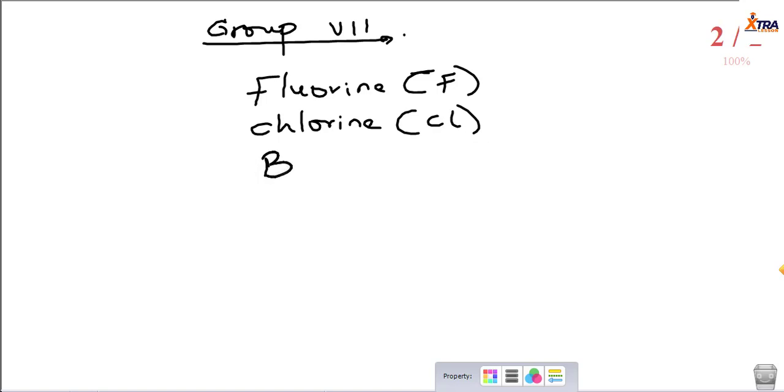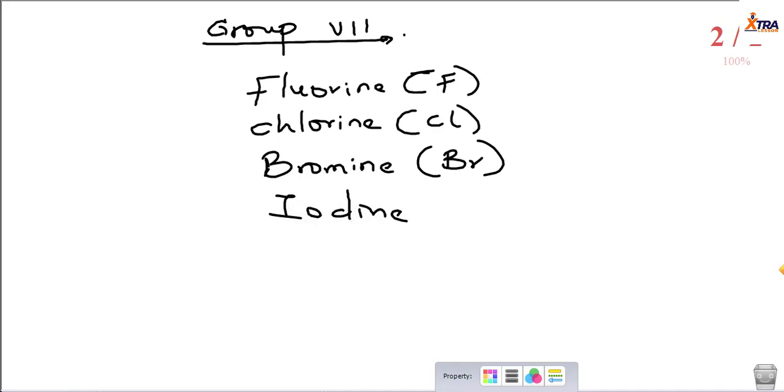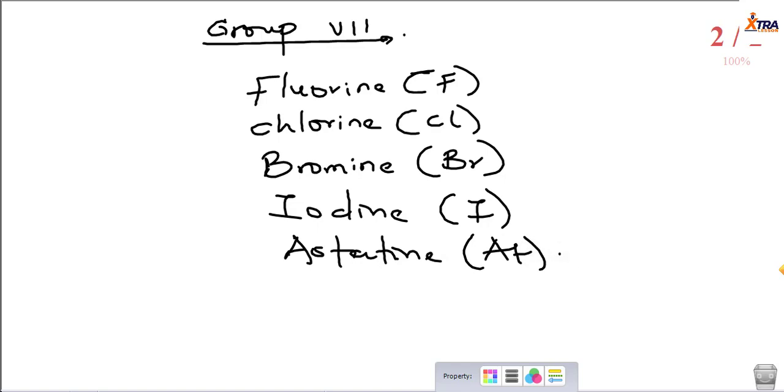We have bromine. We have iodine. And we have astatine. These are group 7 elements: fluorine, chlorine, bromine, iodine, and astatine. So every member here has got 7 valence electrons, and that's why they're put here.